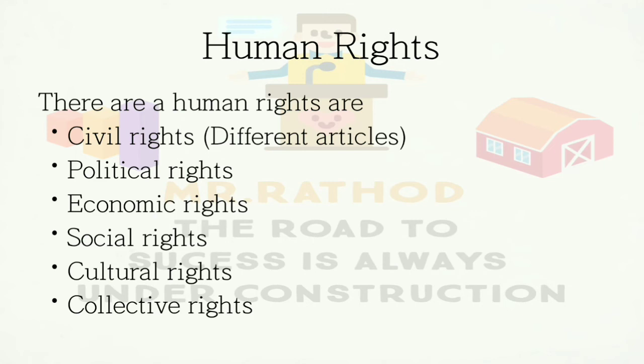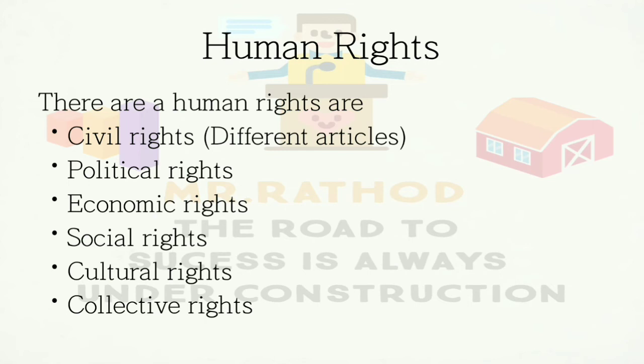There are different types of human rights. First, civil rights, that include different articles such as the rights to life, liberty and security. Second one, political rights, that include the right to protection of the law and equality before the law. Third one, economic rights, that include the right to work, to own property and to receive equal pay.